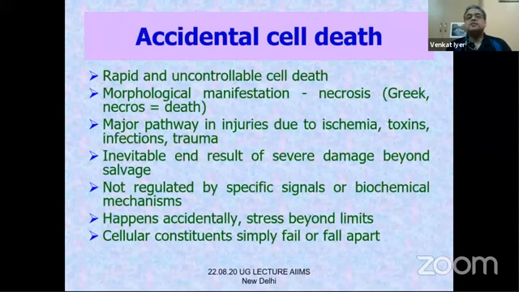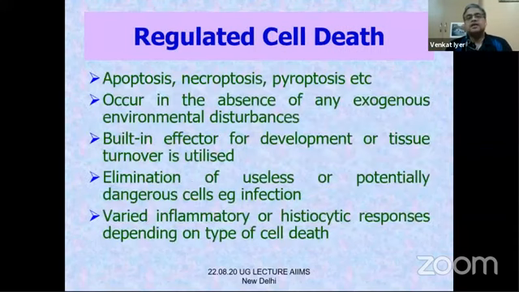Regulated cell death is similar to apoptosis, but there are other types like necroptosis, pyroptosis, etc. They occur in the absence of these exogenous environmental disturbances and are part of the built-in effector cells to control tissue proliferation and turnover. It is what is involved in normal elimination of useless or potentially dangerous cells, and they may or may not have inflammation depending on whether they have a necrotic morphology or an apoptosis-like morphology.